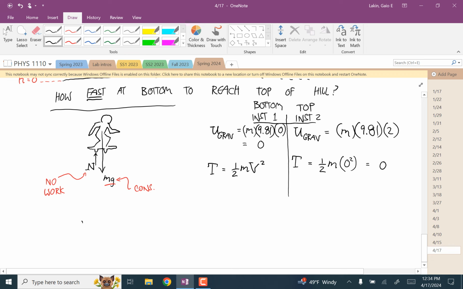And so conservation of mechanical energy says 0 plus 1/2 mv squared is equal to 19.62 m plus 0.